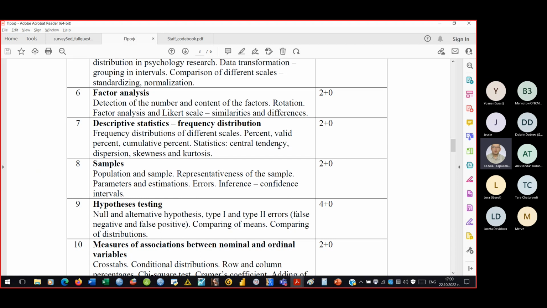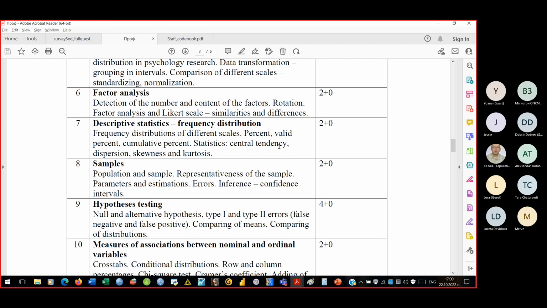But always the first question is: is there a relation? If the answer is yes, this is the alternative hypothesis: there is a relation between some variables. If the answer is no, this is the null hypothesis: there is not a relation between some variables.